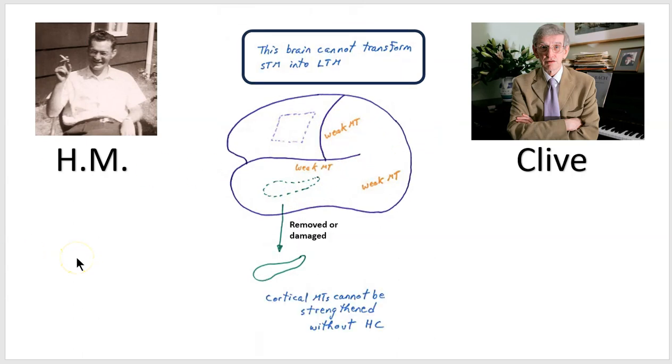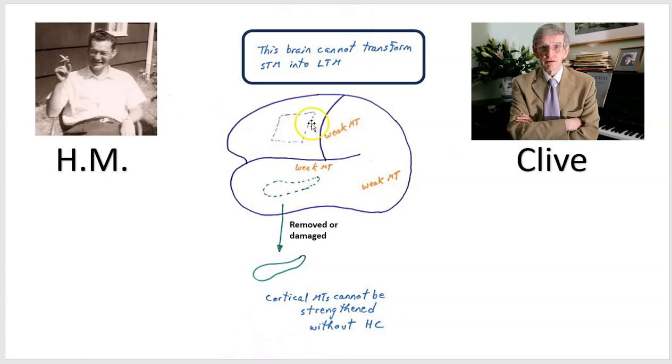Now, even beyond this, a brain like HM or Clive is not going to be able to strengthen these cortical memory traces. You'll recall during sleep we do the consolidation process where we fire up the hippocampal memory traces to strengthen the cortical memory traces. Well, if you don't have a hippocampus, you can't do that important memory processing during sleep.